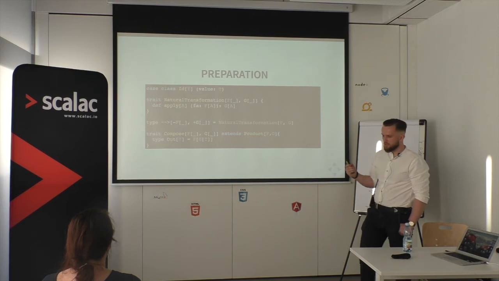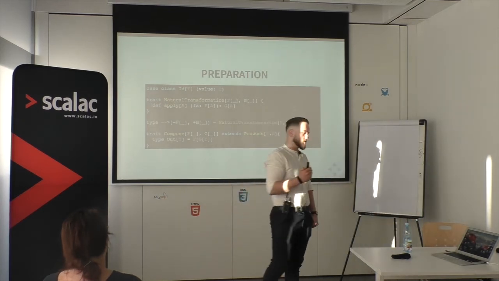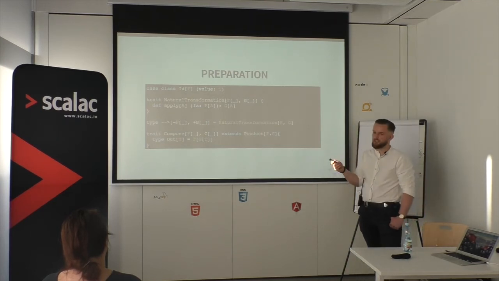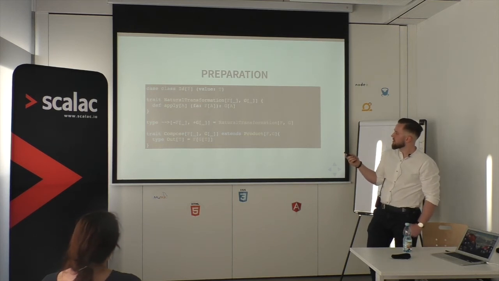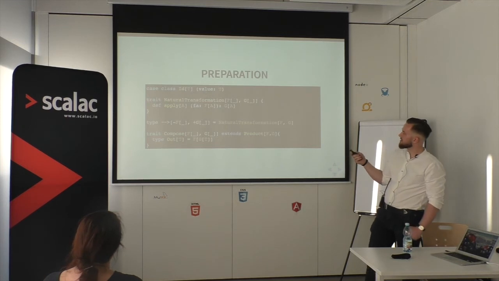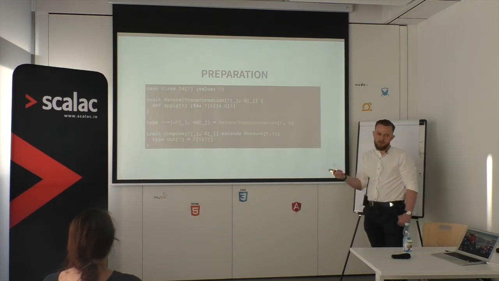Okay, and here's a little preparation. We are defining a few things to use them later. So we start with a simple case class, which is just a wrapper over a value. So ID for any type T takes one value of type T and keeps it as a member.